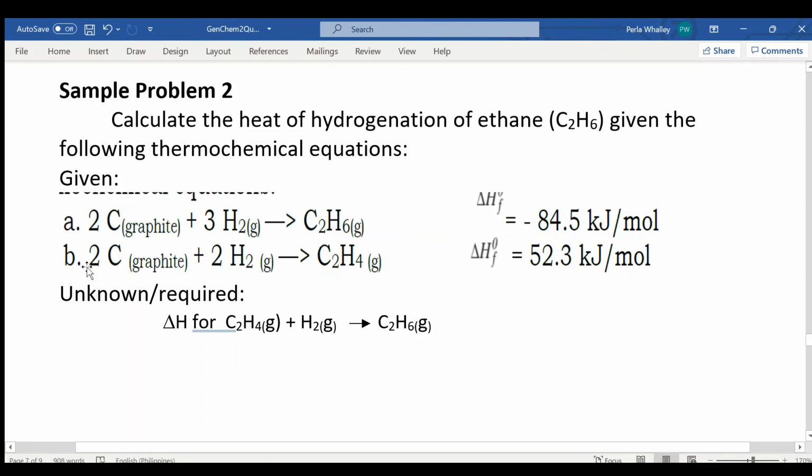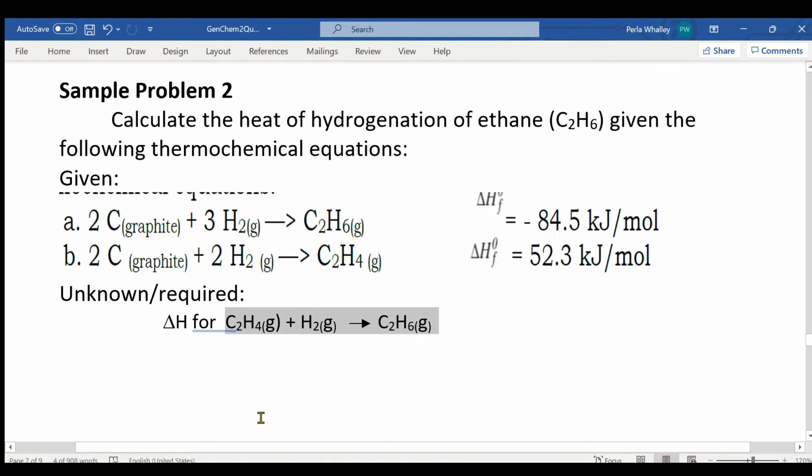Letter B: 2 moles of graphite plus 2 moles of hydrogen gas forms 1 mole of ethane. And these are the corresponding standard heats of formation.